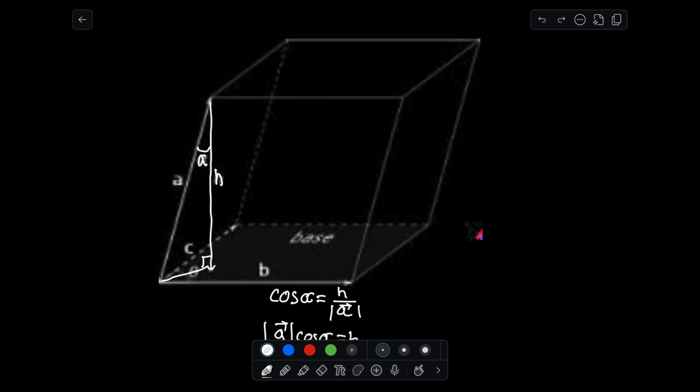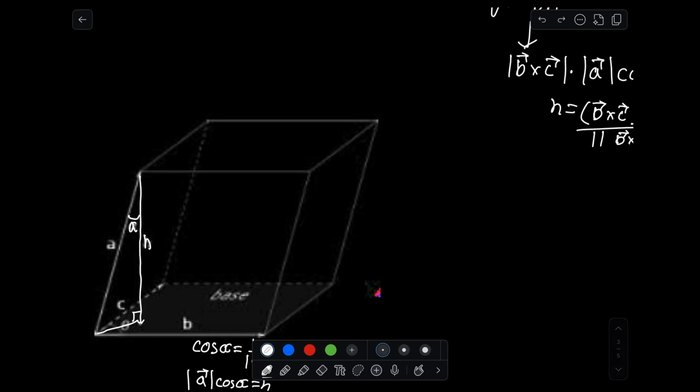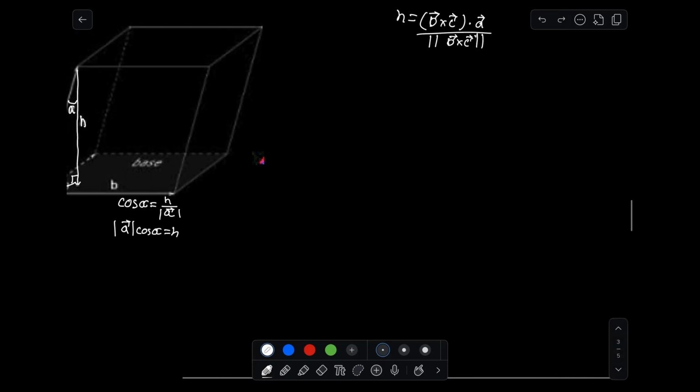A is going to be orthogonal to B and C in this case, right? If we apply our right hand rule, it's going to go in the direction of A, and that's how you would solve for that.